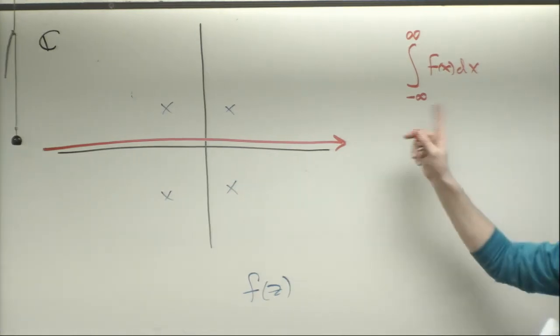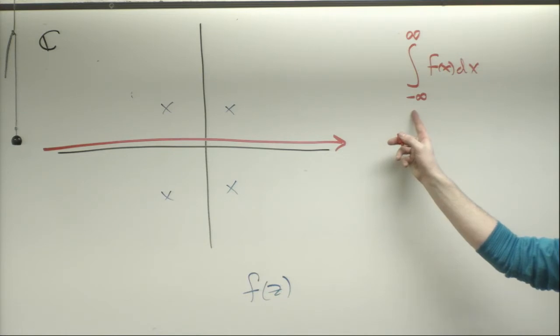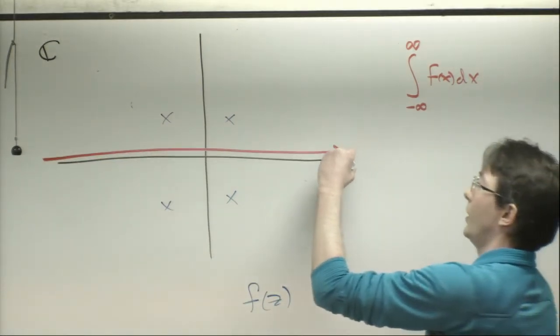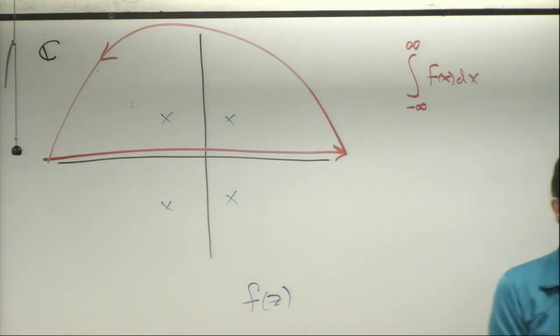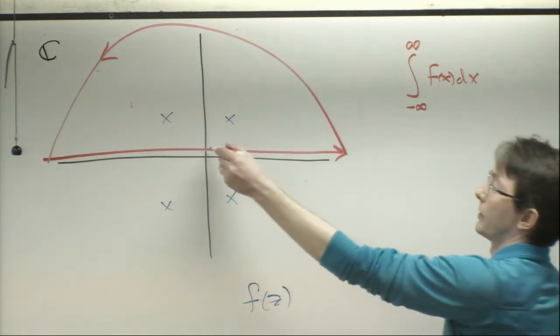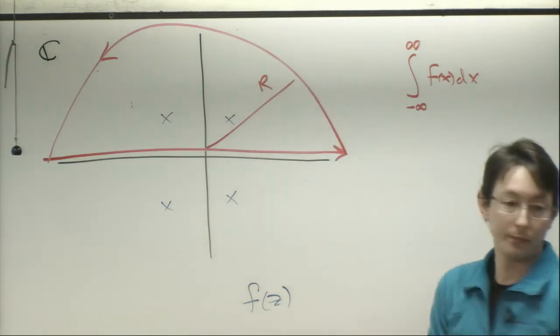Okay? So if your boss wants this, often what you can do is you can create a big circle enclosing those two poles. So this is a circle of radius r. Okay?